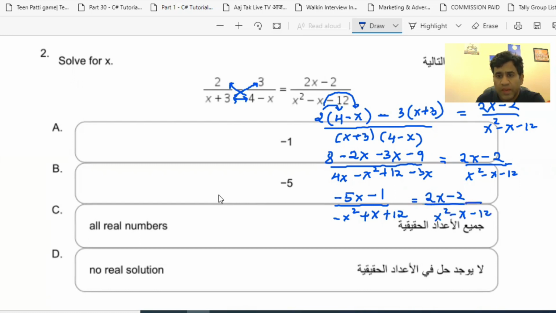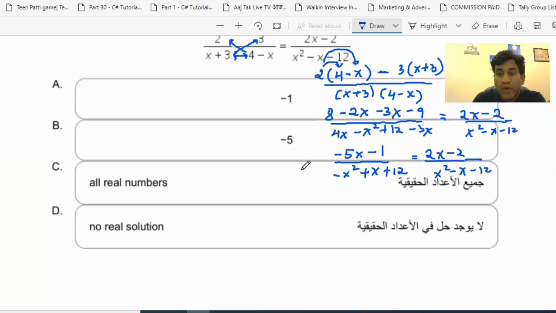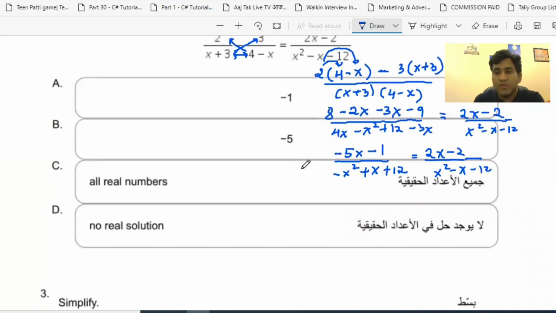Okay. So now how do I do further simplification? After reaching this step, please don't try to do the cross multiplication again and make your calculation complicated. So what I can do here is, look, if I take a negative sign common from the numerator and the negative sign common from the denominator, how does your expression become? I can take negative as common out, then it becomes 5x plus 1 over, I can take negative as common from the denominator as well.